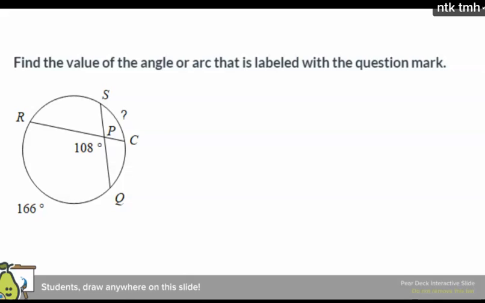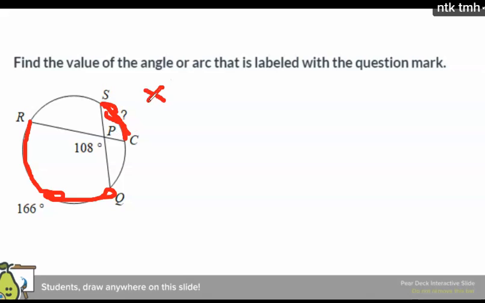If you need help on where to start, here's where you start. It gives us 108. We're looking for this, so this is my arc. This is what we're looking for. But if you notice, 108 opens up to this arc as well. There's the arc. So remember when we take the average of these arcs?